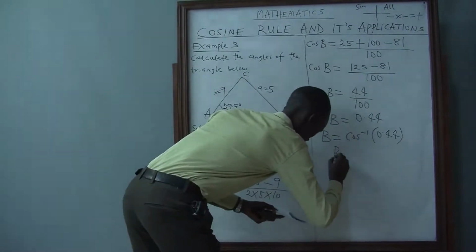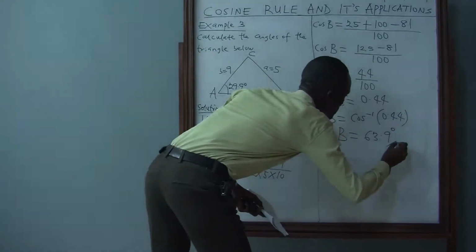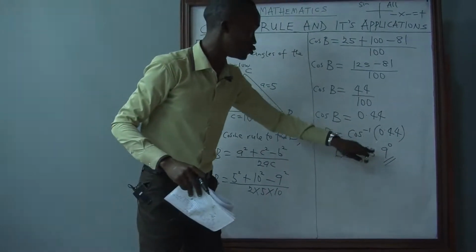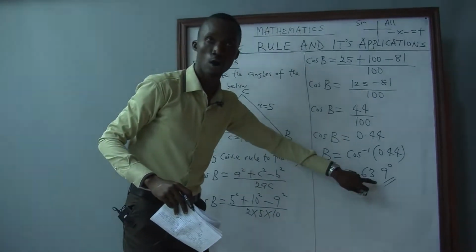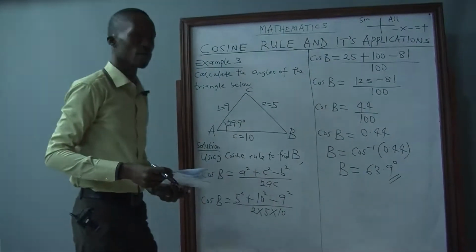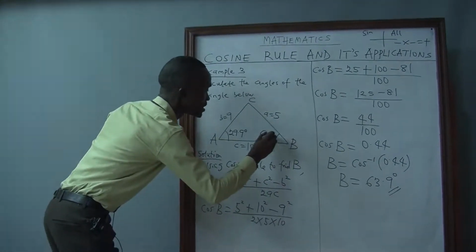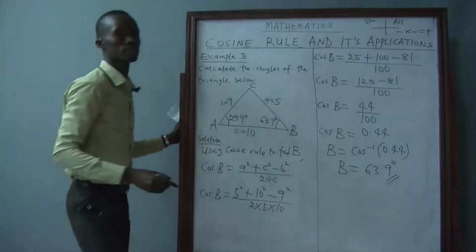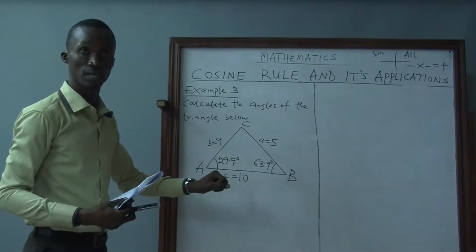So from there, B is 63.9 degrees. That is, the closest value that will give us 0.44 from the 4-figure table is 63.9. And we label that here as well. We have 63.9 degrees.